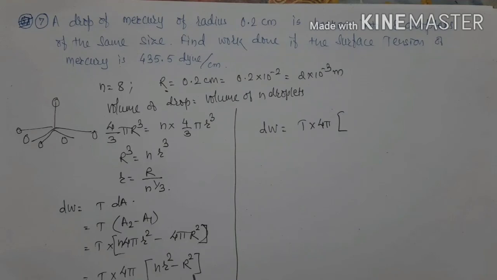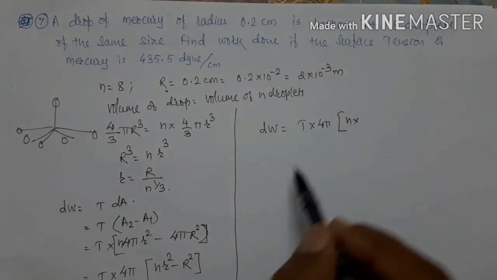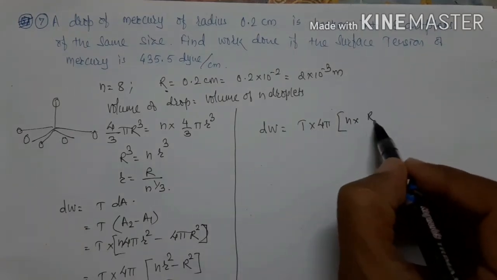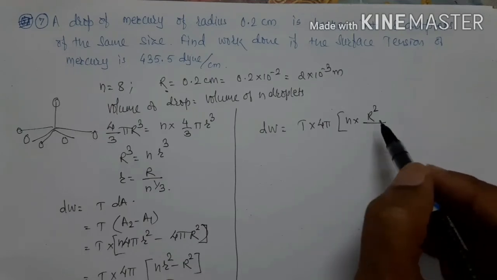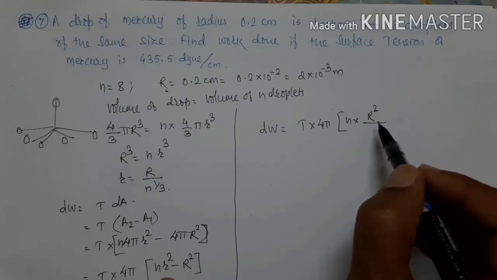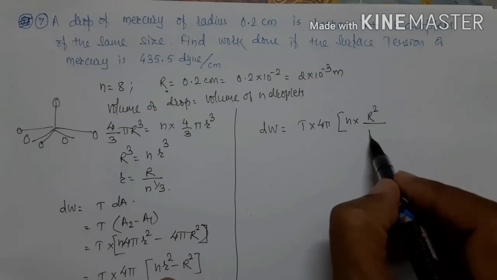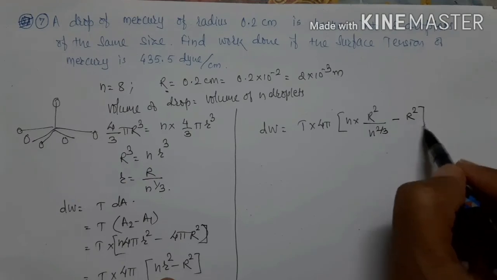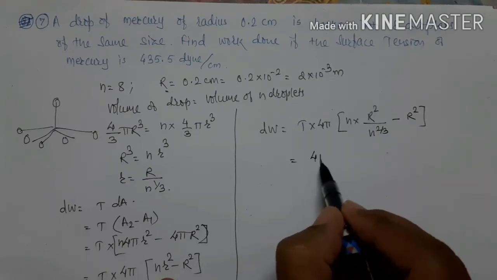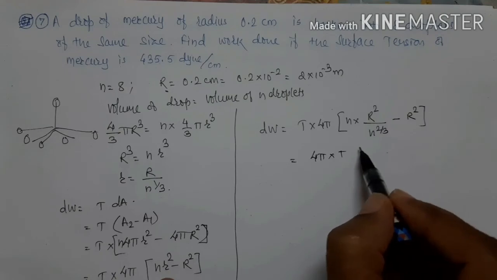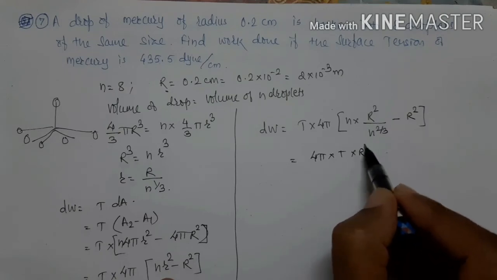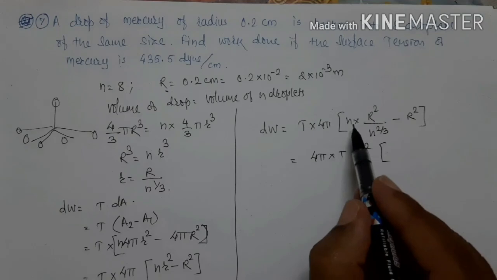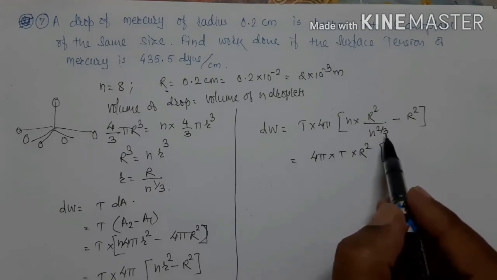What you will get here: small r square is capital R square divided by n raised to 2 by 3. So minus capital R square, and therefore it will be 4 pi into capital T into R square, in the bracket n divided by n raised to 2 by 3.